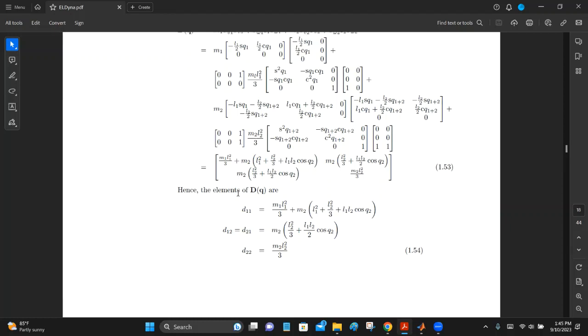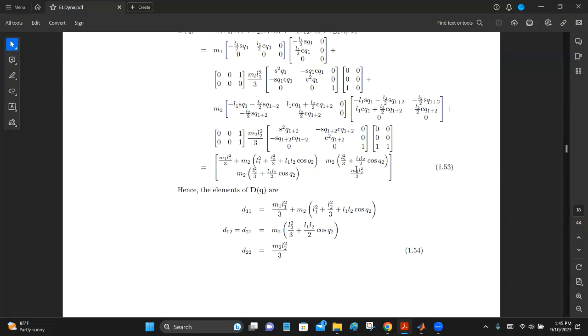We identify the items in the matrix as D11, D21, D12, and D22, as you can see over here. We have proven earlier that this matrix is symmetric, and therefore the off-diagonal elements are equal.